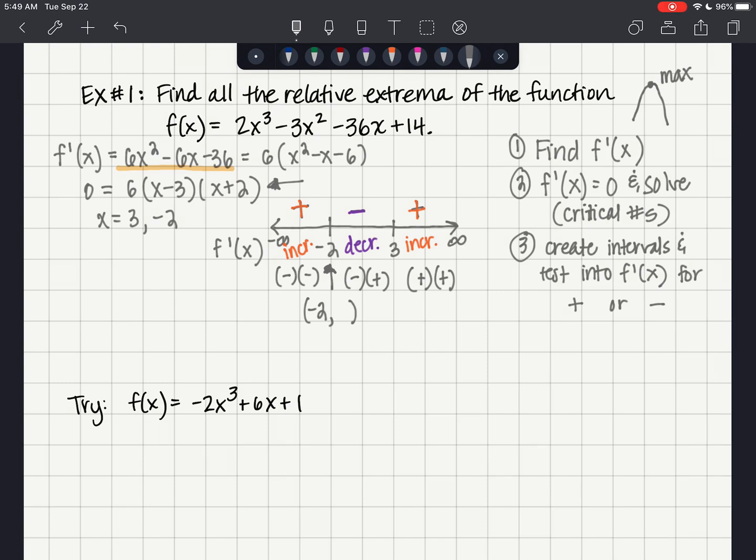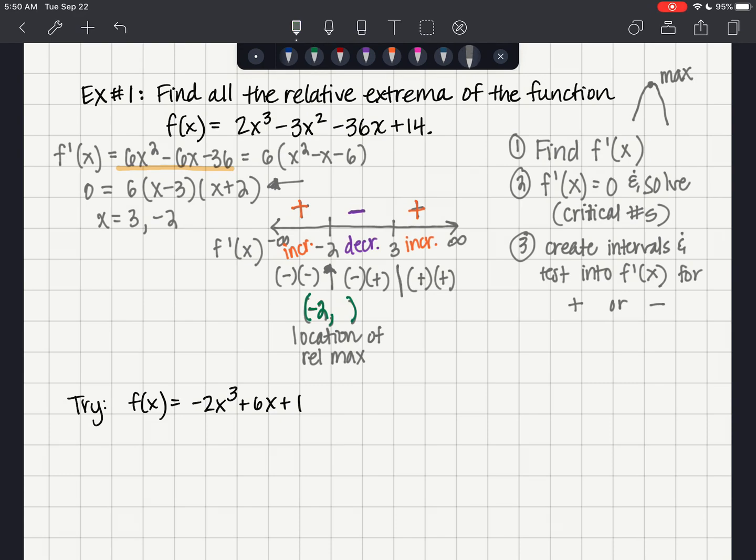So negative 2 something is the location of our relative max. I'm going to come back to that because that's important. We're going to put that in green. Negative 2 something is the location of our relative max.